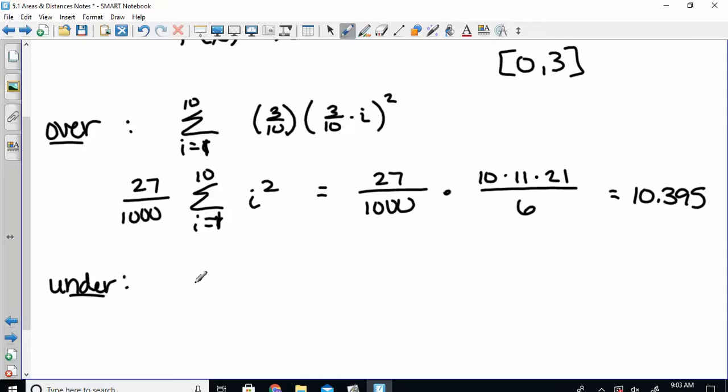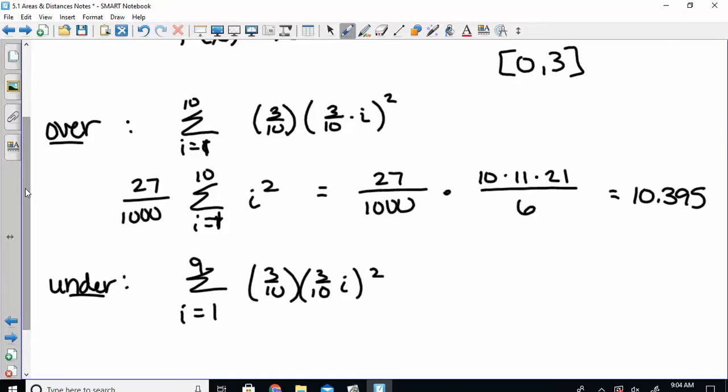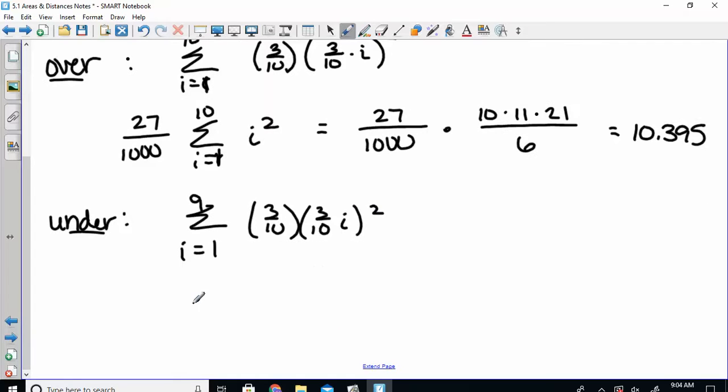So what we're going to do is add up from 1 to 9, because my 10th rectangle was just when it was 0. And then it's the same thing, my length times my width. So 3 squared is 9, times 3 is 27, 10 squared times 10 is 1,000.